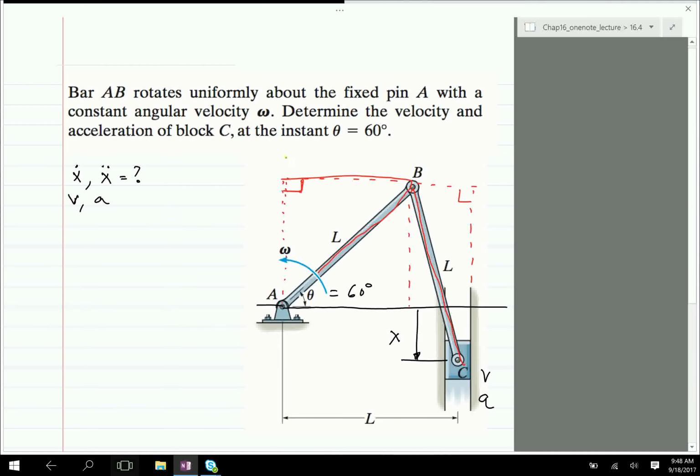Okay, so let's try to write this length here. This length is L. What's that length? Is it L cosine theta? Okay. I can find this length. This length is simply the same as this length here. It's L sine theta.